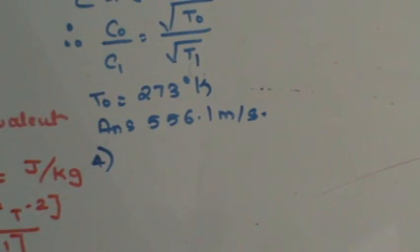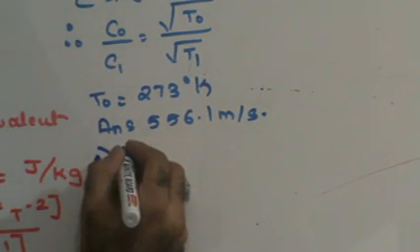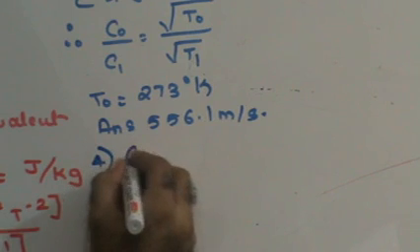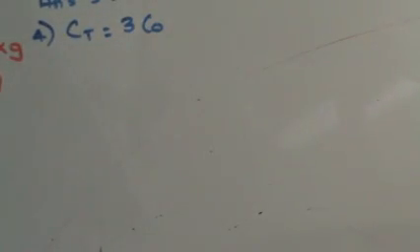Next sum please. Find the temperature at which the RMS velocity of gas will be thrice its value at NTP. Right?